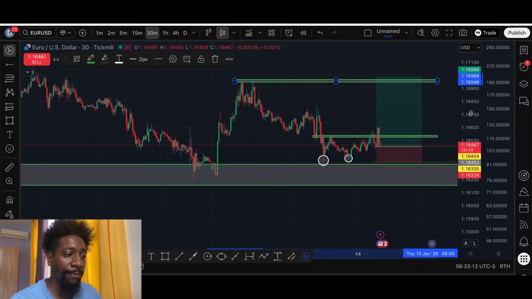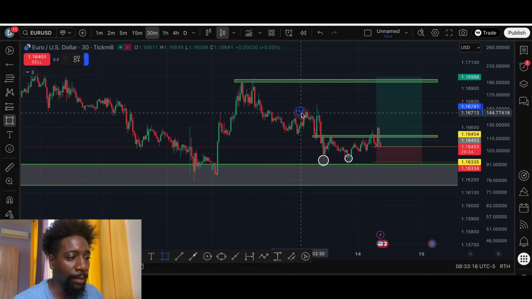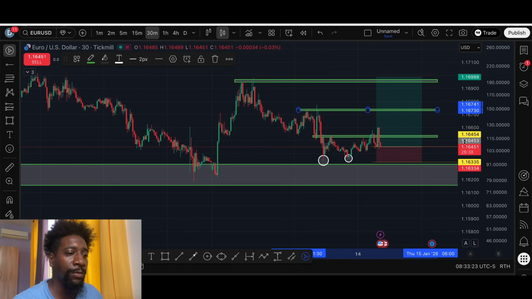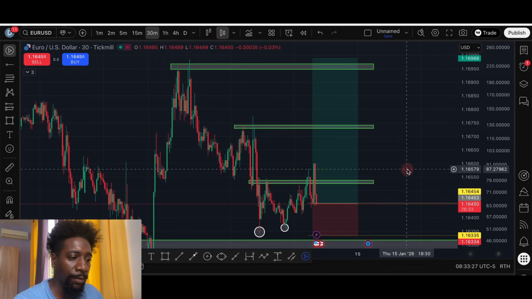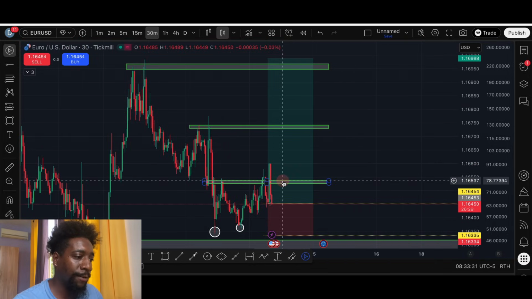So that's my take profit 3. My take profit 2 will be right here, right in the middle. So there's always levels where you can choose and see where price can go. So these are the levels that I focus on.